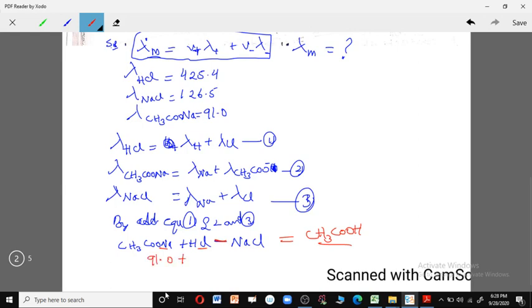Acetic acid equals CH3COONa, 91.0, plus HCl, 425.4, minus sodium chloride, 126.5.